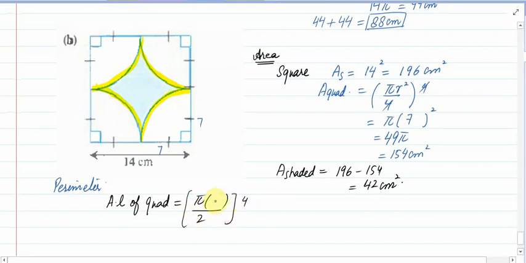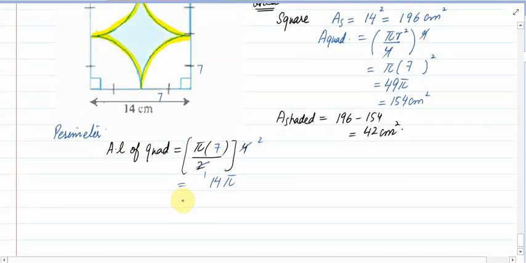Now the value of radius is 7. So 2 times 7, 14. So it's 14 pi, right? So 14 times 3.142, it's 44. So the perimeter is 44 centimeter, and that is the answer.